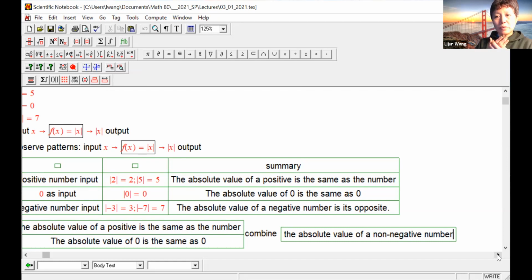We've seen this word being used before, right? For the square root of x, the domain is x is a non-negative number. Do you guys follow me? Yes.